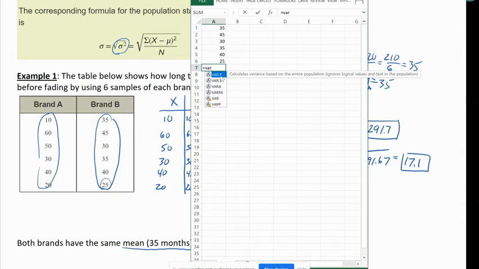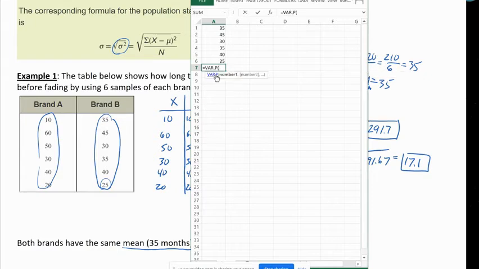So the variance for the population or the variance for the sample. And so we're considering this to be a population for both of these. It doesn't really say in the problem, but we're assuming this is all the data that exists for this brand. If it is a sample, then we would use .S. But for this example, we're treating it as population variance.